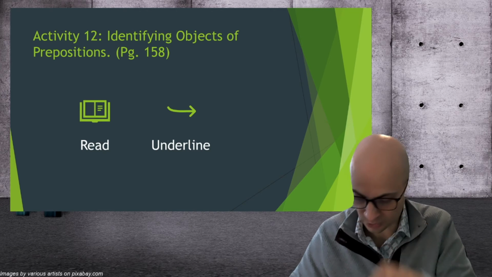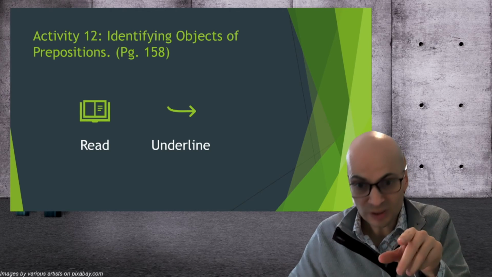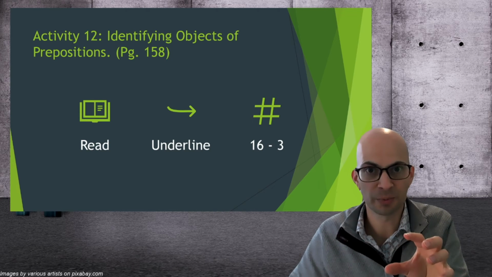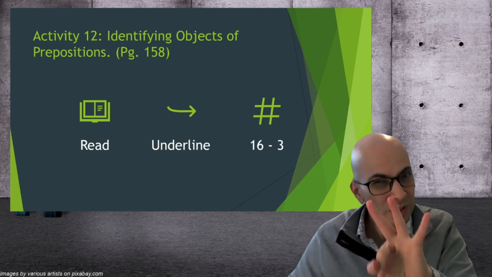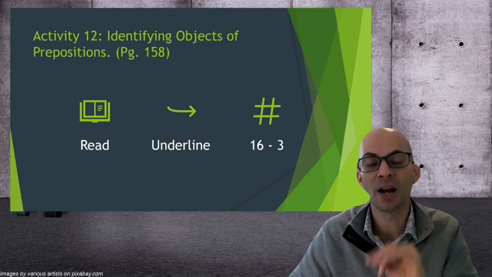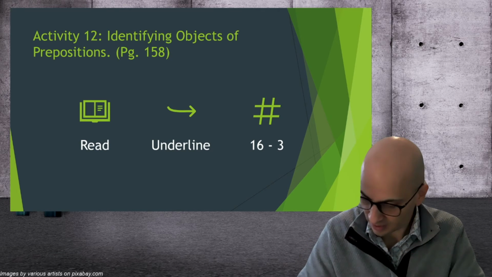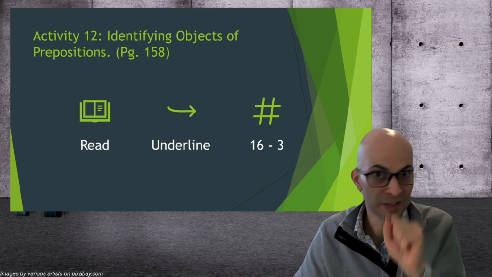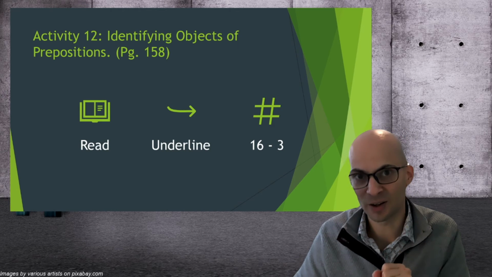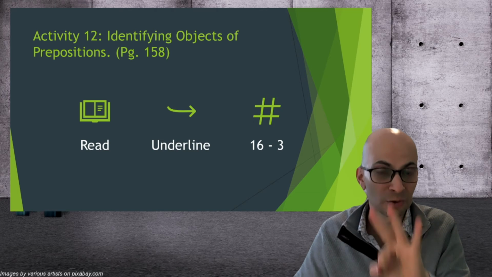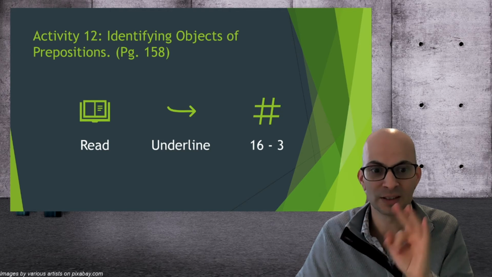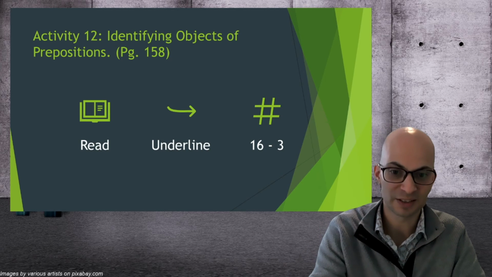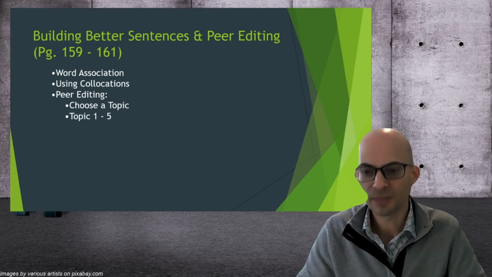So that's what I would circle. So circle 16 prepositions or objects of the preposition, and 3 of those have an error with a comma. And I believe, 3 comma error. So we don't know if we need to delete a comma or add a comma, but we know that there are 3 cases where we need to adjust it in some way. So find those errors and fix them.